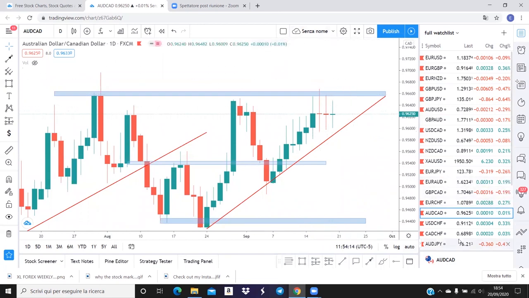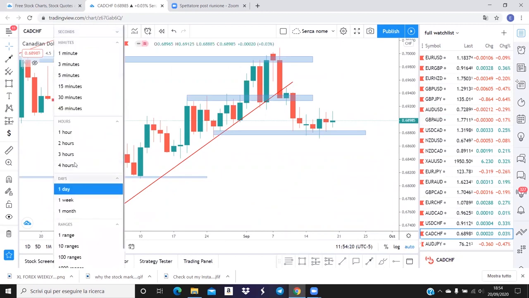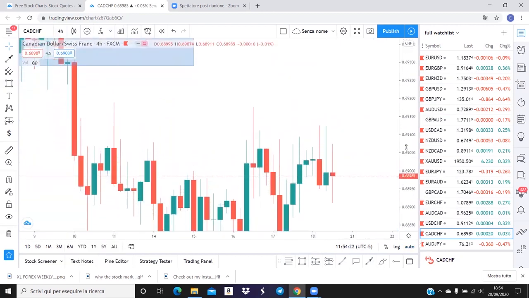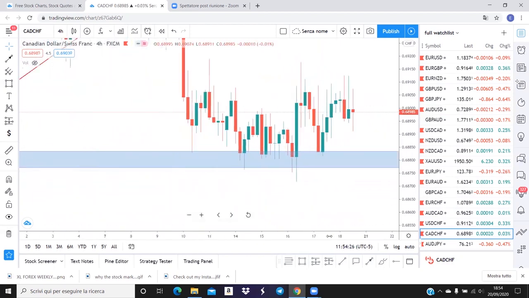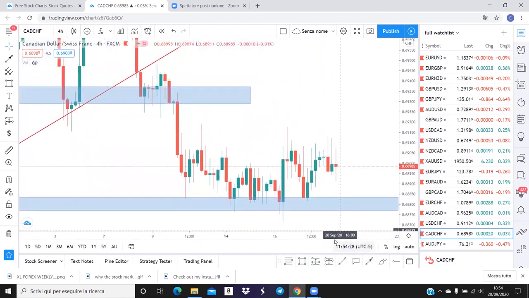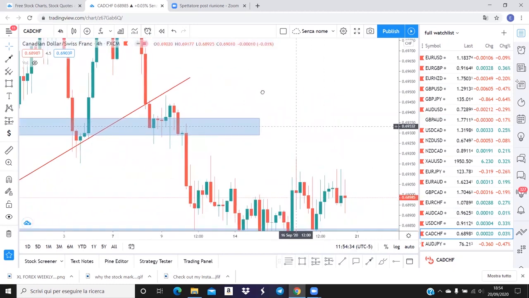Another interesting pair is CADCHF. Let's go to the 4 hours, and we can see that we are just consolidating right here. This could be a nice consolidation before a continuation to the downside, because of course we were on this downtrend.